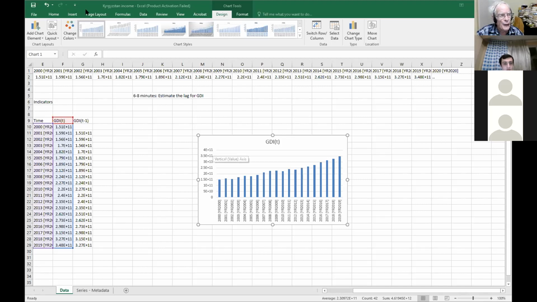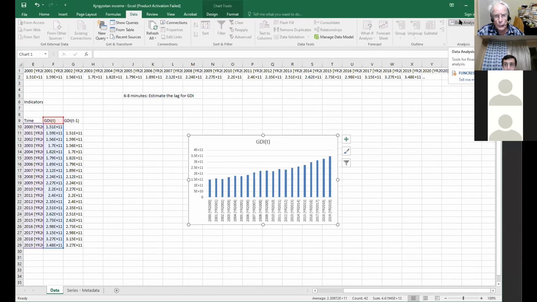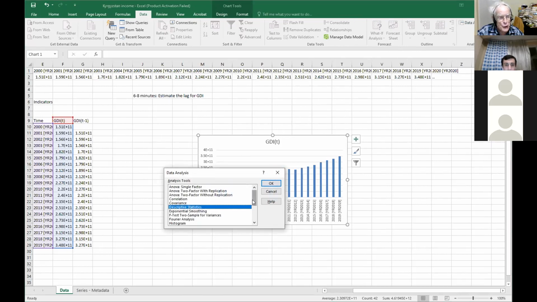So remember that we will go to the menu for data, choose data analysis, and then go to regression, and we will pause for 5 or 6 minutes to give you a chance to run the regression model and to interpret it.